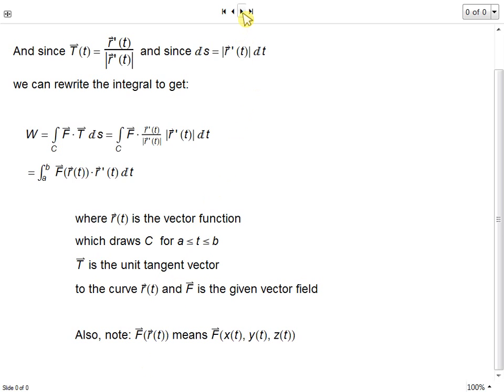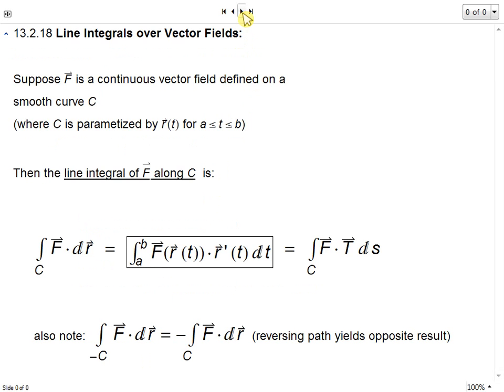All right, let's see. And now the general definition. The one I have boxed, like I said, is the most important one. But this is just notation. If you ever see this, line integral along C of a vector field dotted with the tangential ds, that really means this. And if we take out the r of t, because we kind of know what that means, then this F is this.